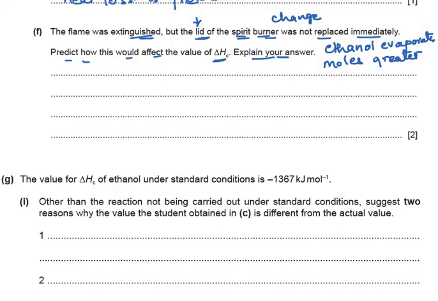So that's what I'm repeating here to explain to you the main reason. Now because of that, the delta Hc would be less exothermic. That is, the value which we have obtained will be smaller as the number of moles goes in the denominator. So that's why what we need to understand is that if we don't cover the lid, then delta Hc, that is enthalpy of combustion, would be less exothermic.